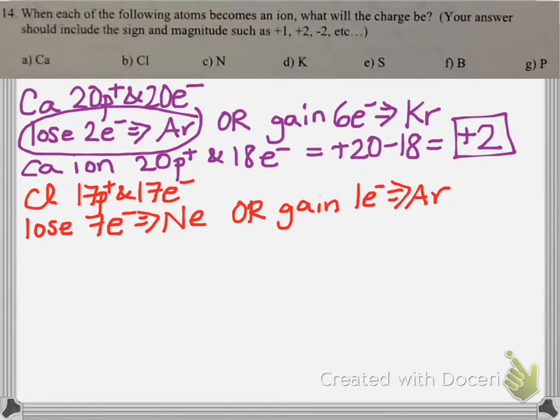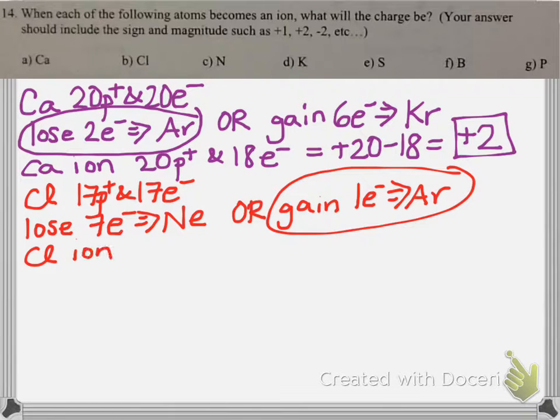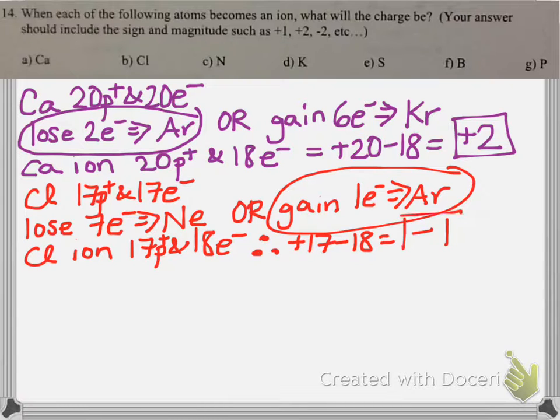What is it going to do? It's going to do whatever's easiest, so it's going to gain 1 electron to be like argon. So a chlorine ion is going to have 17 protons and 18 electrons. Therefore, positive 17 minus 18 gives us a charge of negative 1.